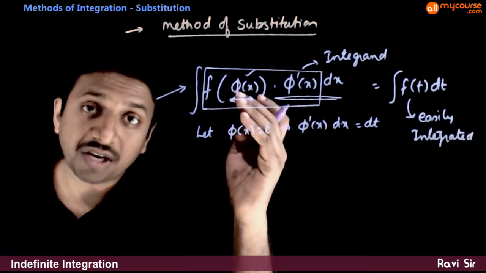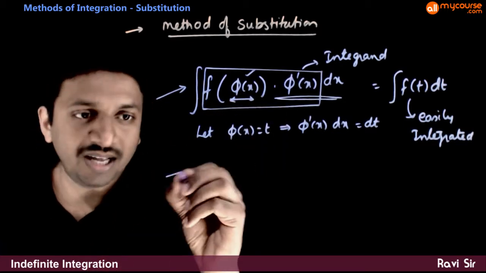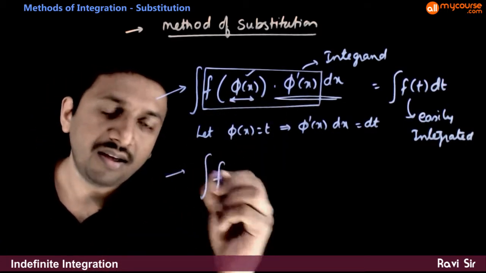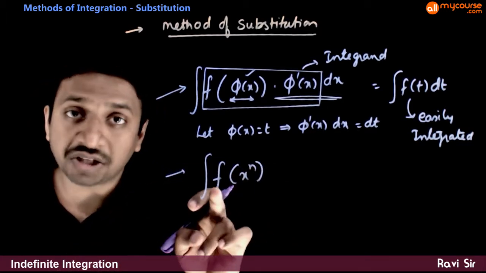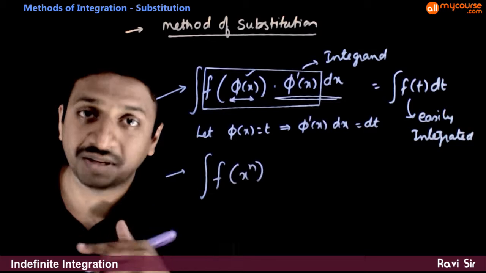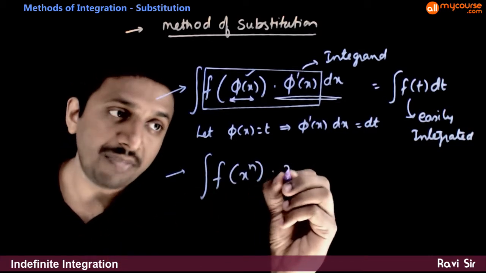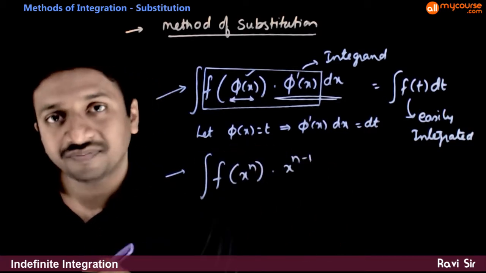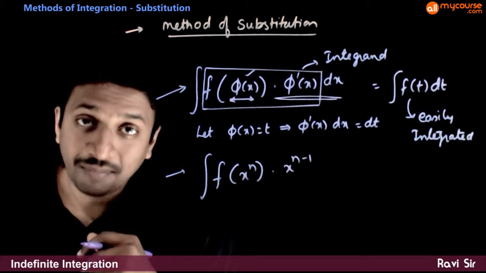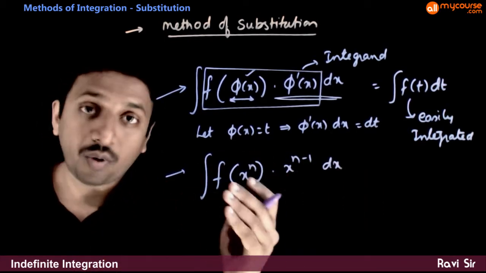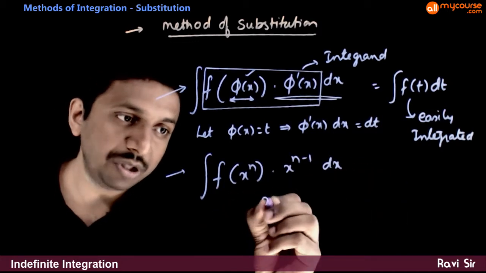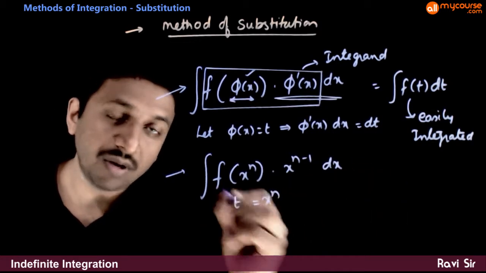And you have some special case of these substitutions. That is, if you have f of x power n. So if you have a function which is made up of x power something, and if it is followed by x power n minus 1 dx, what we can do is, we can substitute x power n is equal to t.